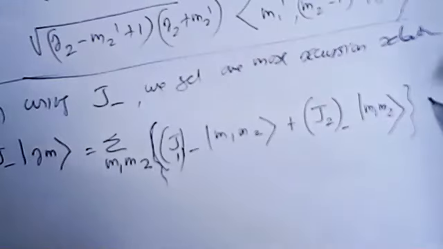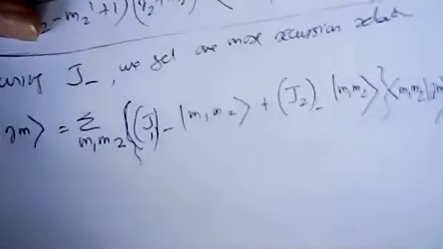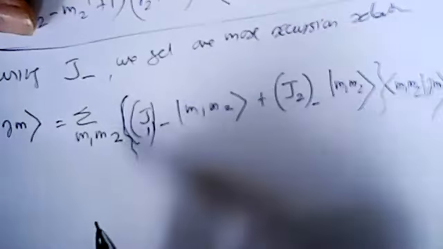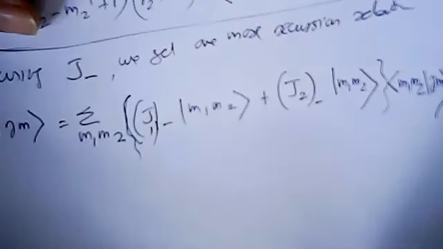Then m1 m2 jm. So you can apply exactly as before, J minus. The coefficients are slightly different. Then write the result of J minus.